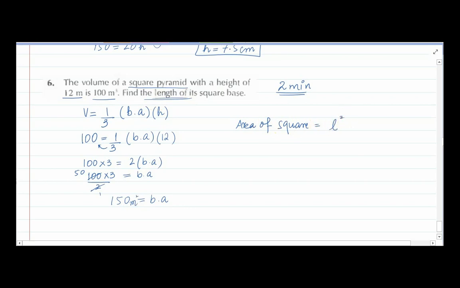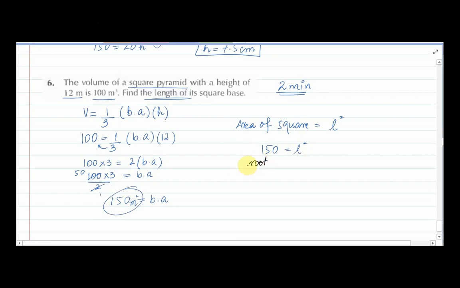That's why I told you the working formulas at the beginning of this topic. Area, we know that 150 right here is equal to L square. We need to find the value of L. So can you tell me who is the enemy of square? The enemy of square is under root.